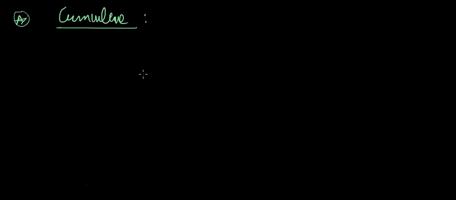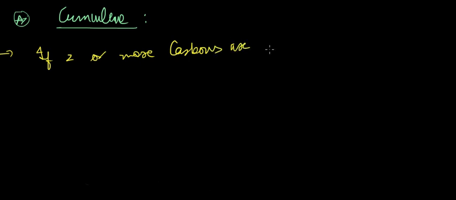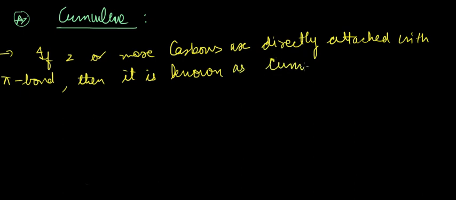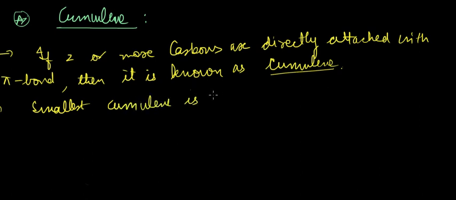If two or more carbons are directly attached with pi bonds, then it is known as cumulene, and the smallest cumulene is allene.